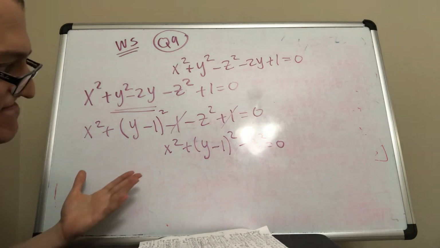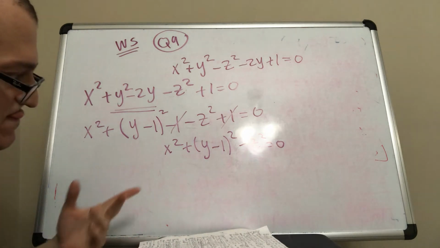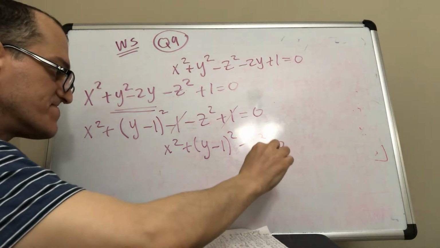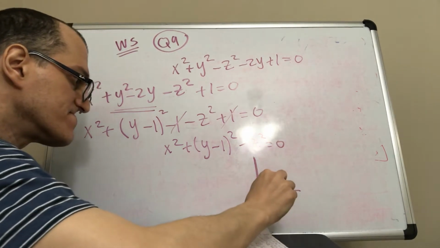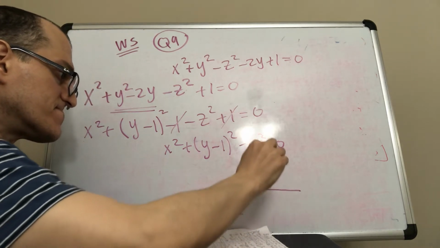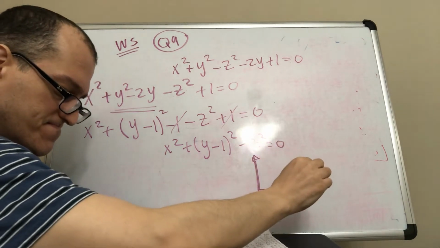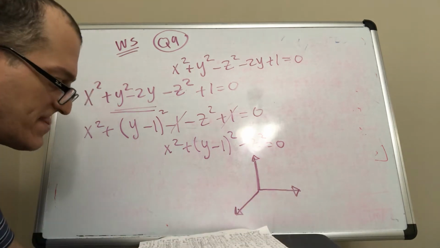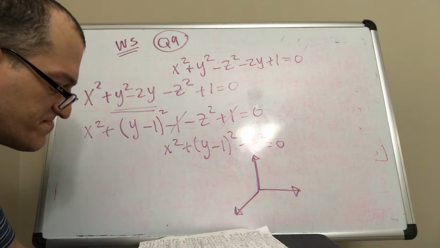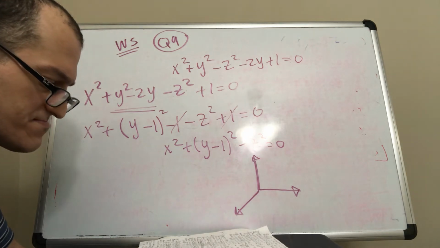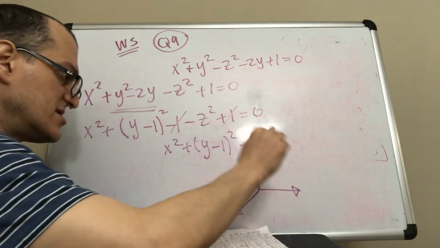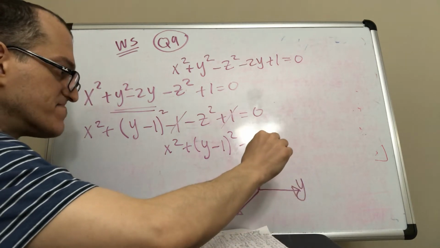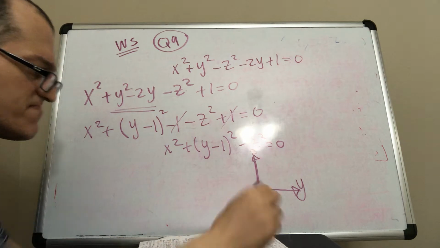And then you sketch this one. If you do the x, y, and z, this is usually y, and this is usually z, and this is usually x.